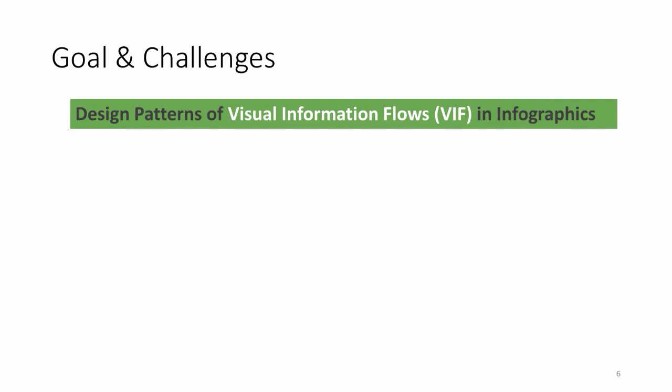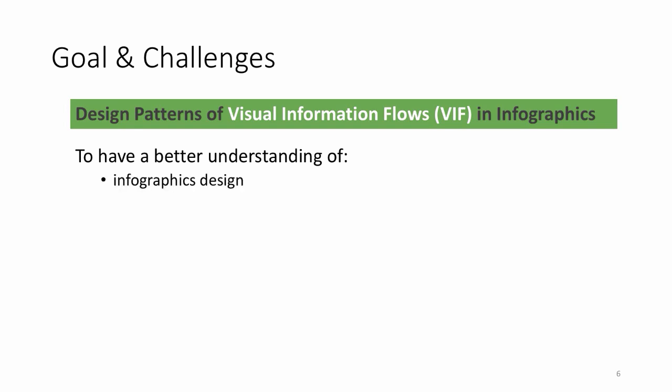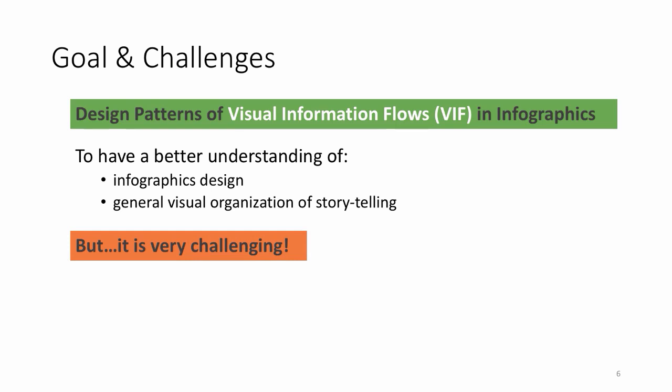So in this work, we want to explore and learn the design patterns of visual information flow in infographics so that we can have a better understanding of infographics design and, more generally, visual organization of storytelling. But this is a very challenging problem because designers may use various creative means to design infographics, which makes the analysis of their design style super hard.